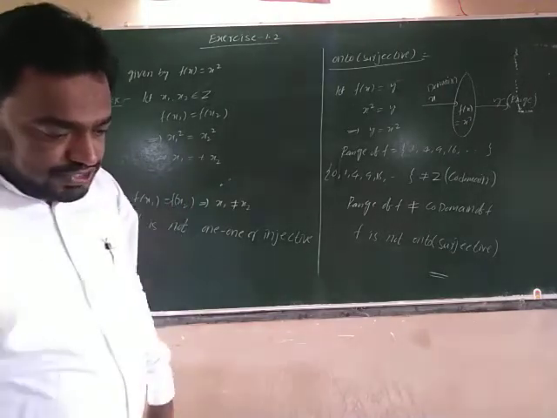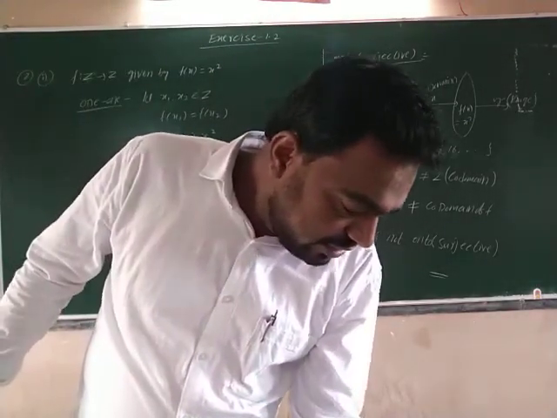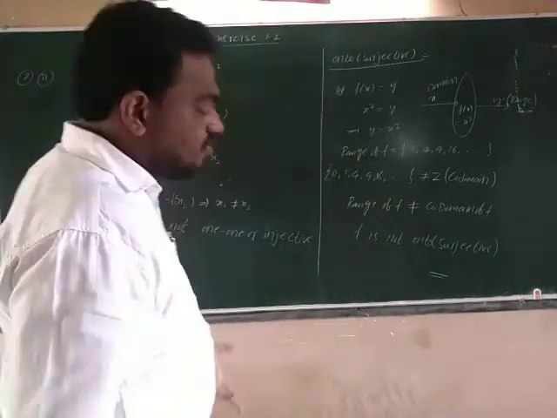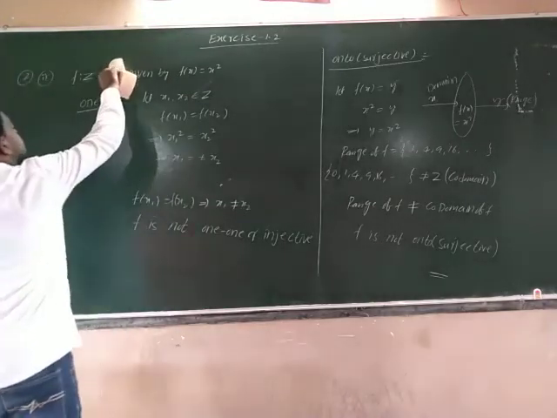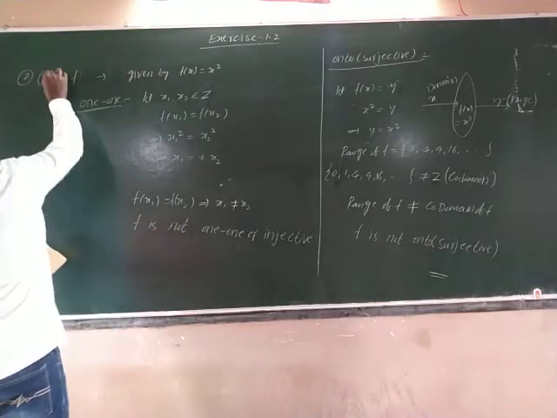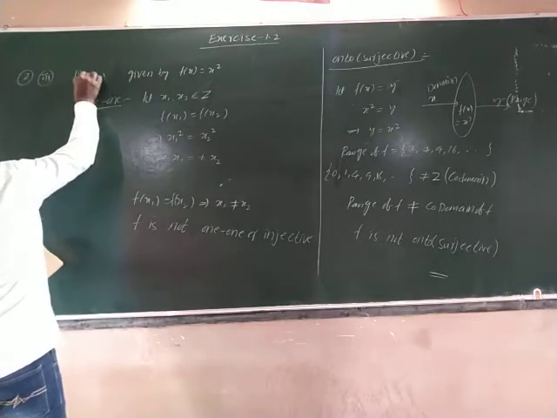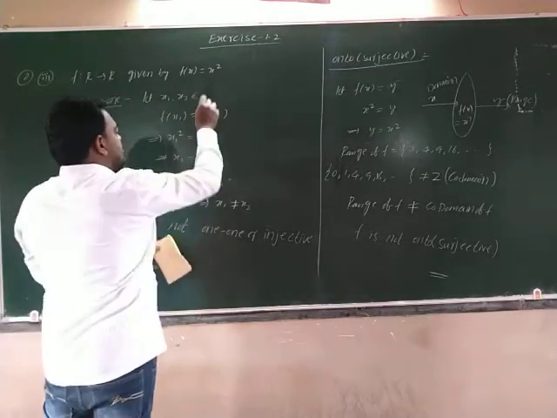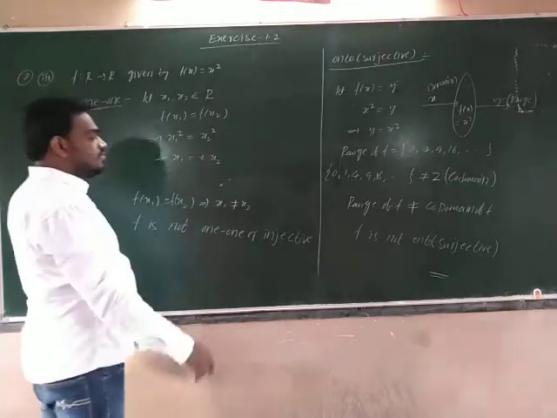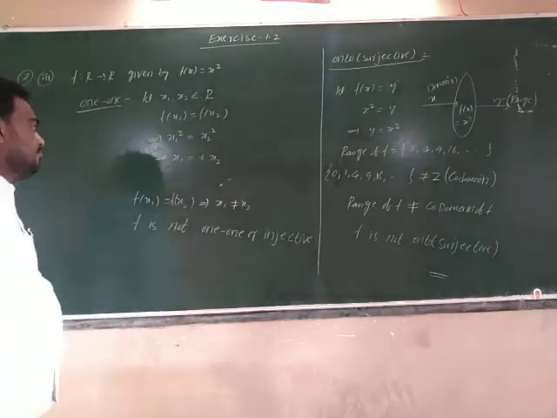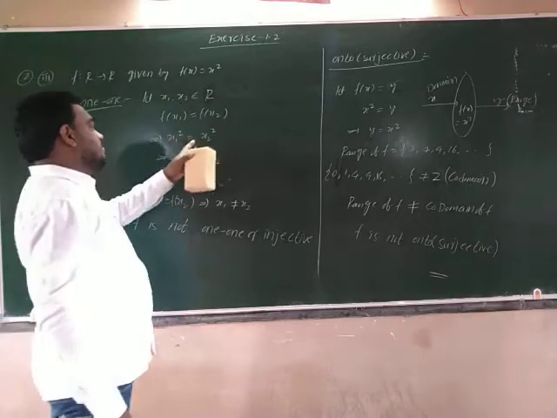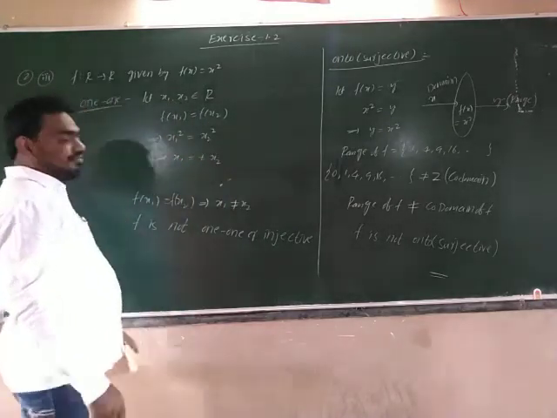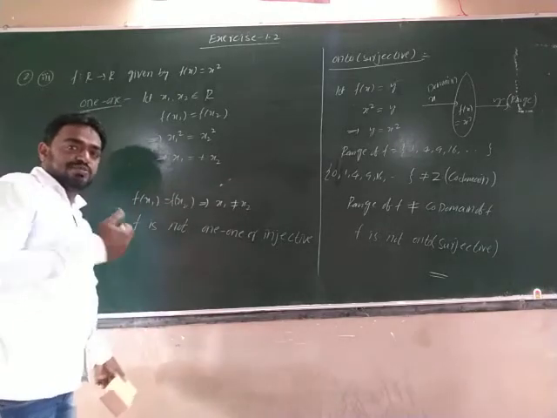Next, question number 3. f is a mapping from R to R given by f of x is equal to x square. Assume x1, x2 belong to R, the domain. f of x1 equals f of x2 means x1 square equals x2 square, so x1 equals plus or minus x2, because the real numbers contain positives and negatives.